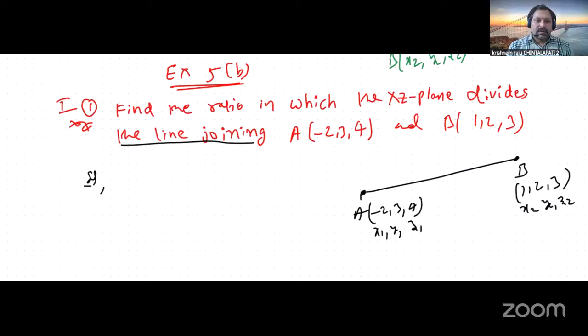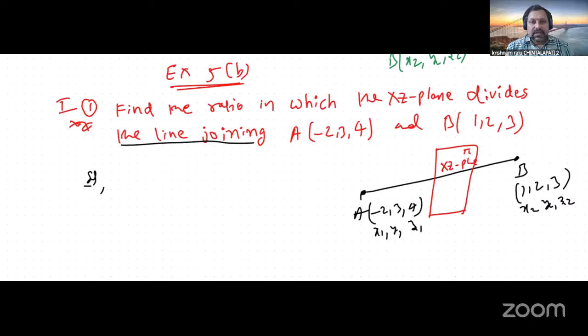Right? Now consider one plane here. This is the plane. Which plane? XZ plane. Now the XZ plane divides the line segment at what ratio?